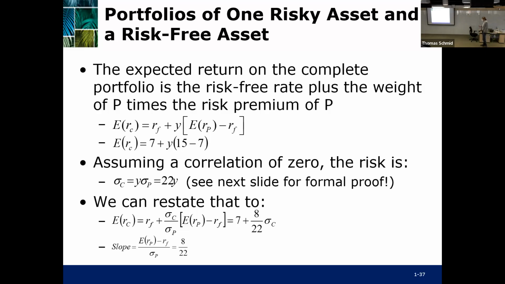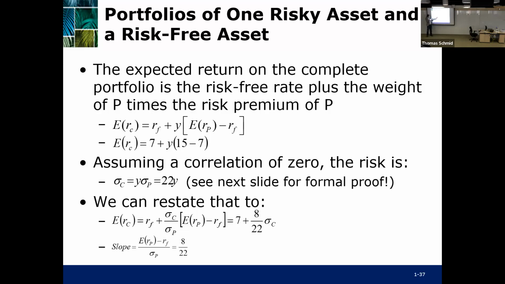In the first formula, the expected return of C, and C here is the complete portfolio, that means the portfolio that is the combination of the risk-free asset and the risky asset, is 7, which is the return of the risk-free asset, plus Y. Remember, Y was the fraction that we invest in the risky asset, times 15 minus 7.